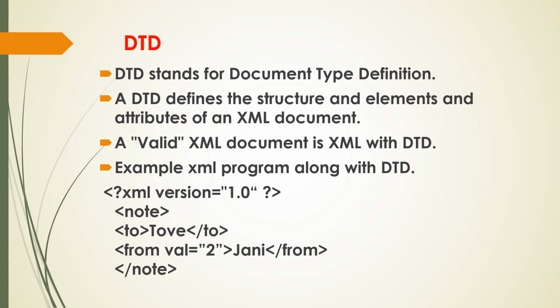To is the text tag. It is a subtag of the note root tag. From is a subtag which contains one attribute, that is VAL. VAL value is 2. Here the from subtag contains the text Johnny.